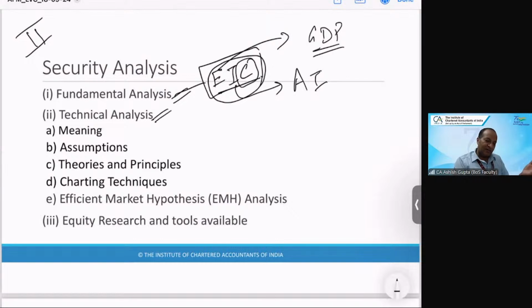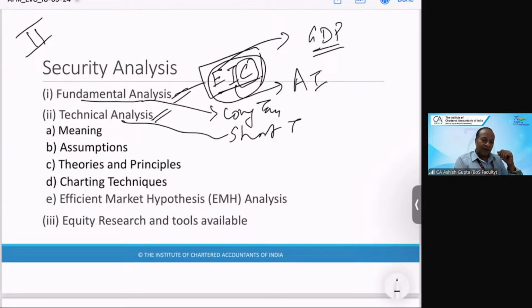Next comes the technical analysis. While fundamental analysis has a long-term horizon, technical analysis normally has a short-term horizon. Here the analysis is totally different. They don't go by the fundamentals. They see that today the share price is this, and as per the historical trend, it will reach this level and then go down.